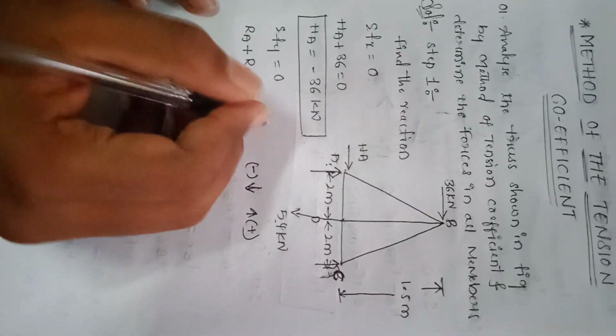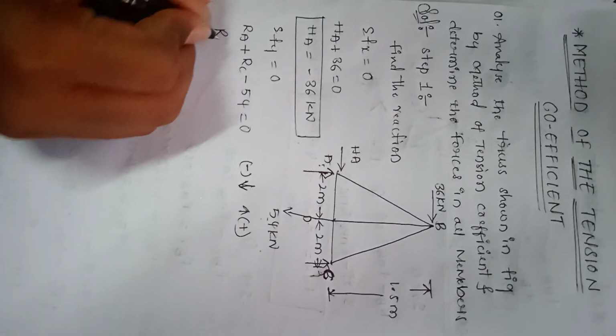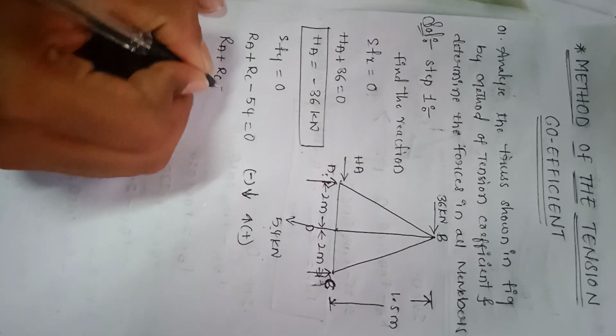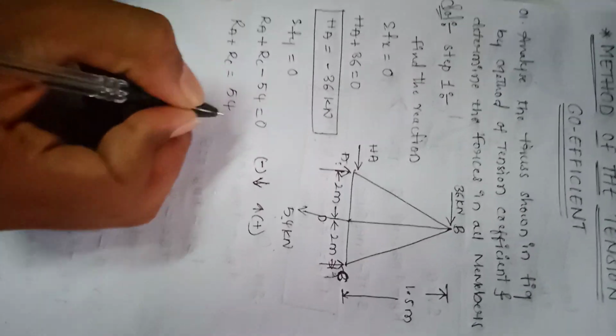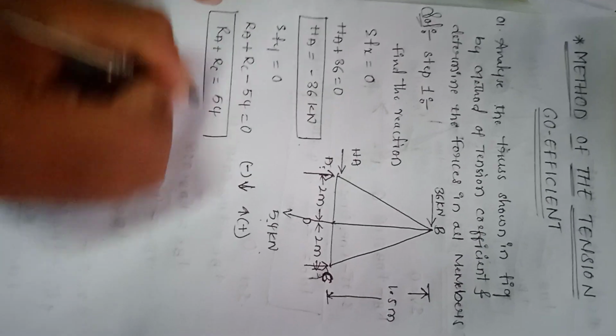RA plus RC minus 54 equals 0. Therefore RA plus RC equals 54 kilonewtons.